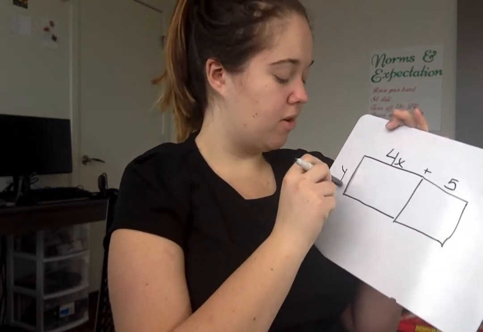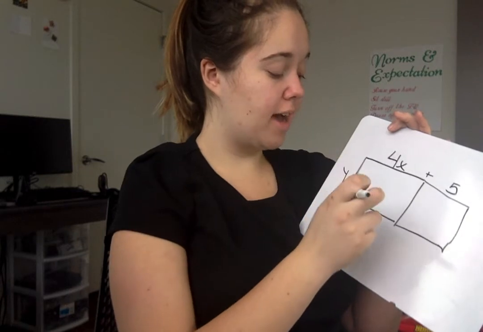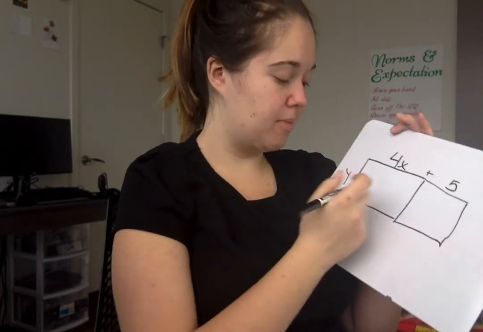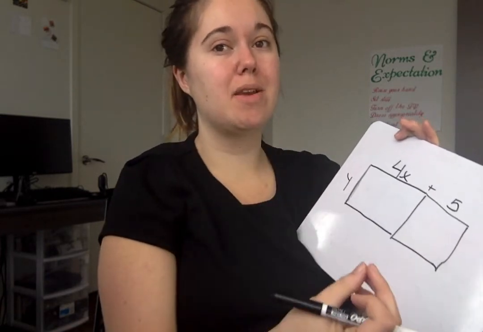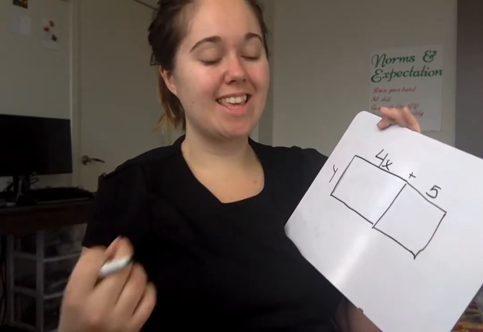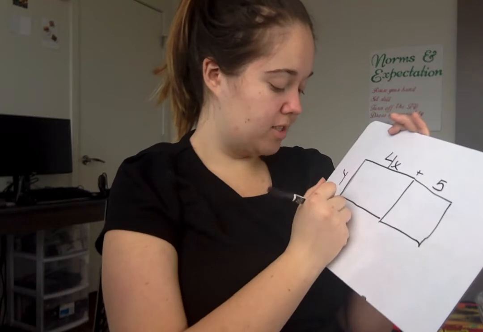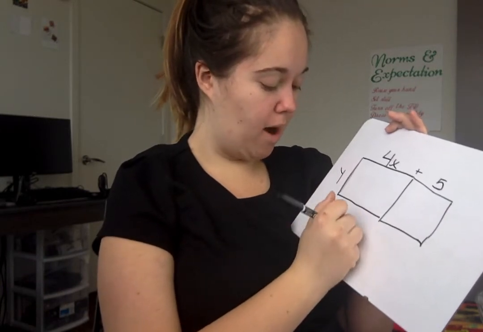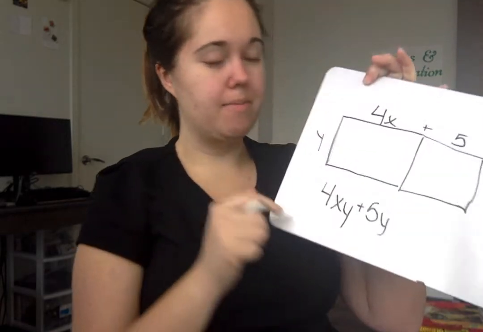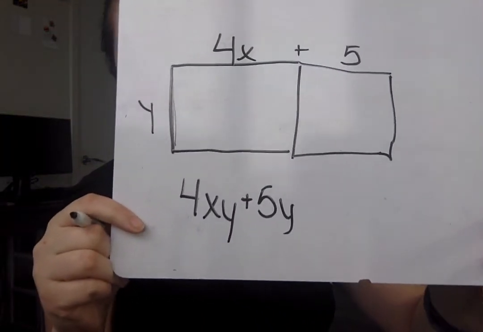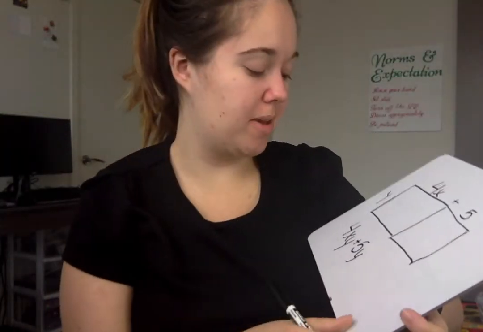I see we're going to multiply y times 4x, and I'm going to multiply y and 5. I'm going to put these first because we always go in alphabetical order. We always put the number before we put the letters. So it's going to be 4xy plus 5y. That's going to be our expanded form here.